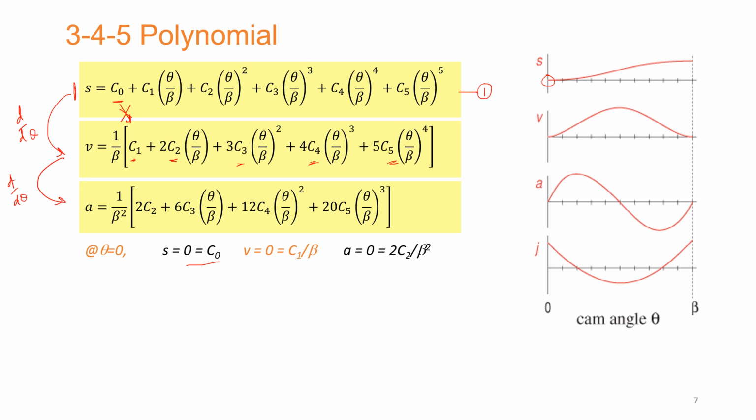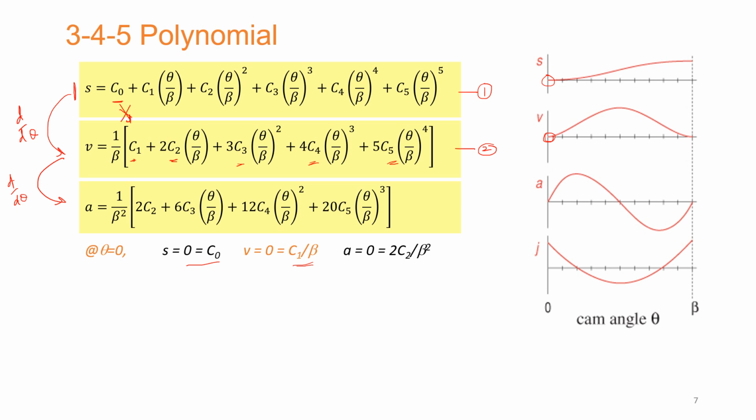Similarly, for theta is equal to 0, plug in the boundary condition corresponding to velocity in equation number 2, as I've written down over here. You are going to find out C1 over beta to be equal to 0 as well. Since beta is not equal to 0, because this is the tool available to the designer to specify the length of a rise motion, obviously C1 is going to be equal to 0 when you fulfill this boundary condition.